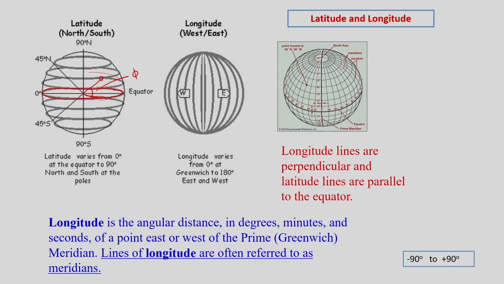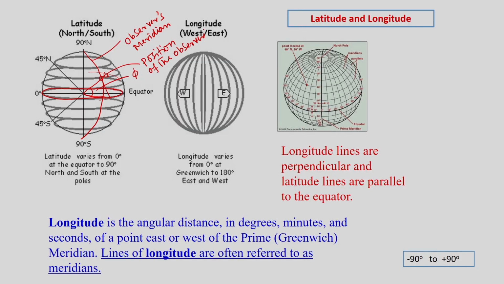Of course, we can also have the observer's meridian, and this is the position of the observer.